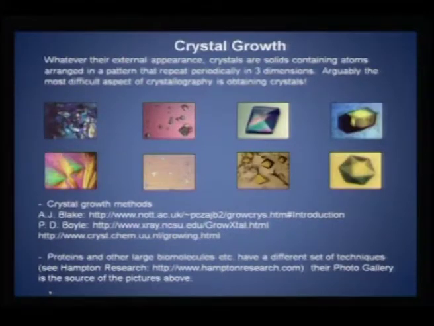Crystal growth, as we see, these are all the optical images of various crystals grown from different materials, and each one is a class in itself. They all order themselves in a particular way and they grow three dimensionally.